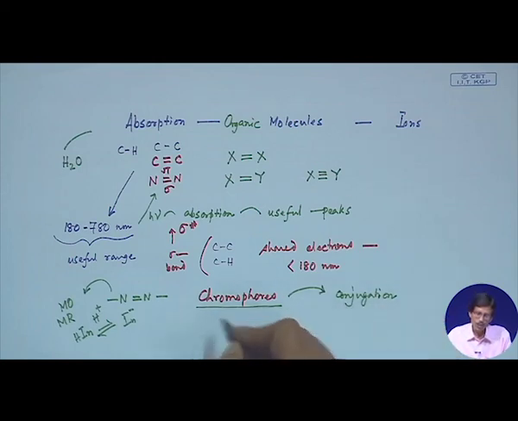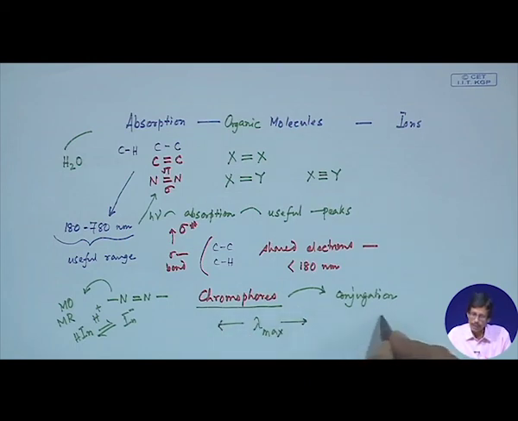So, how the corresponding lambda max value, the maximum absorption, can go up and go down, since we are able to move it from left to right. So, we can shift it to the red region or the blue region, that is red shifting or blue shifting.